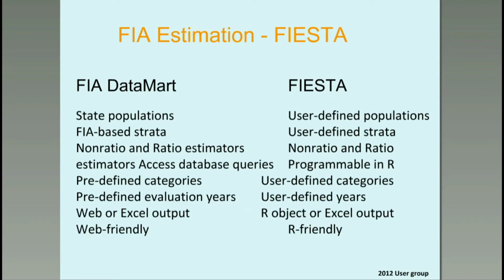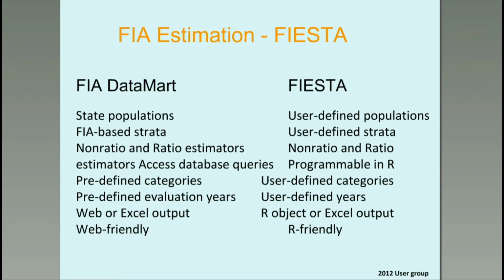So as far as some of the estimation tools, again, the FIA tools mostly run on state populations, and FIESTA is more of a user-defined population, so we can add a shapefile polygon boundary. The FIA tools allow you to do some spatial clipping, but the estimations are based on a state population and then they're clipped from there.